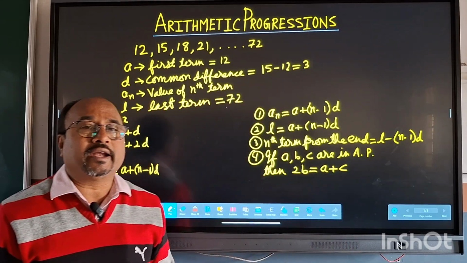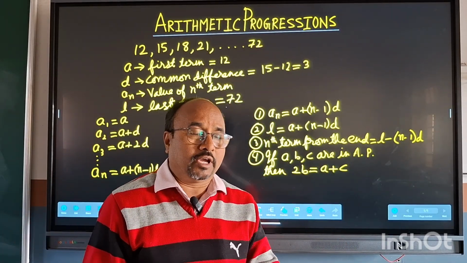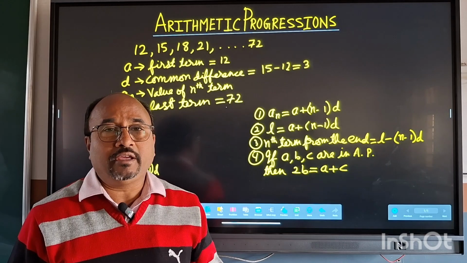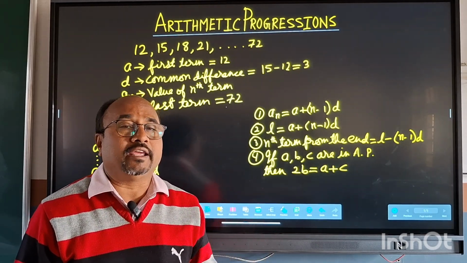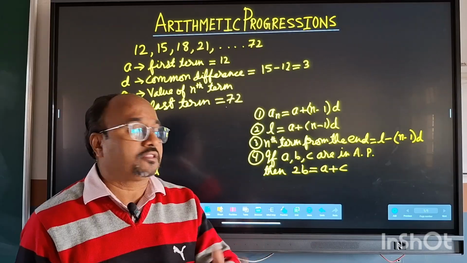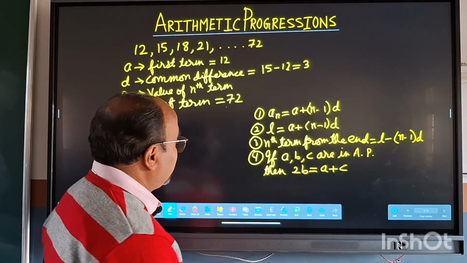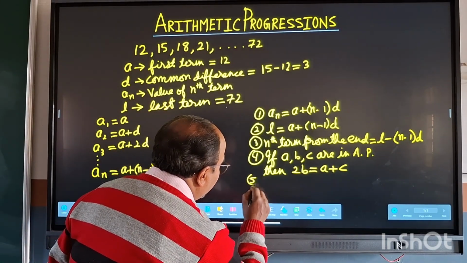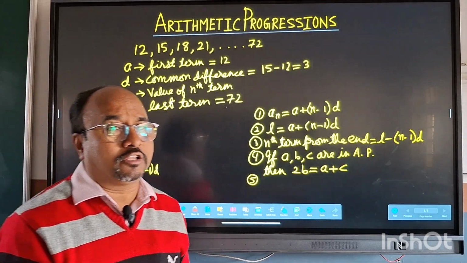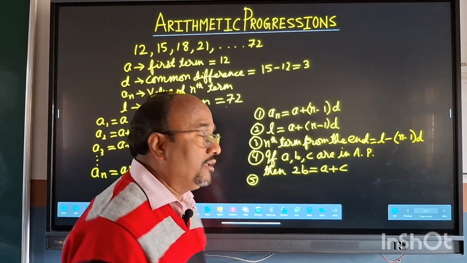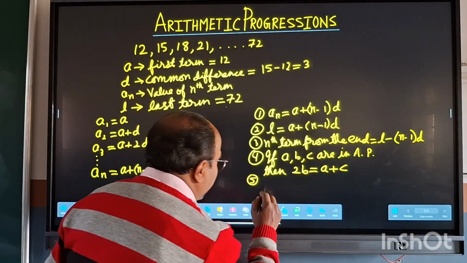So whenever you get a case where three terms are in AP, you can always double the middle one and write it equal to the sum of the first and the third one. Okay. Then if we have to take three terms in AP anywhere, not necessarily the first three terms, it could be anywhere, we will assume in this particular way.